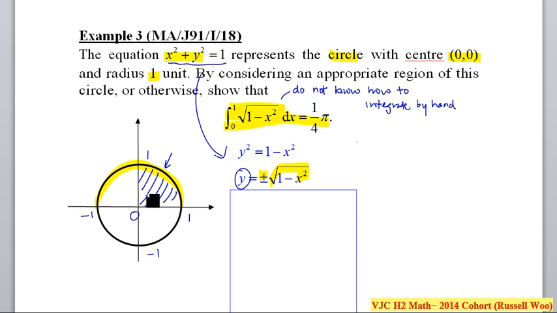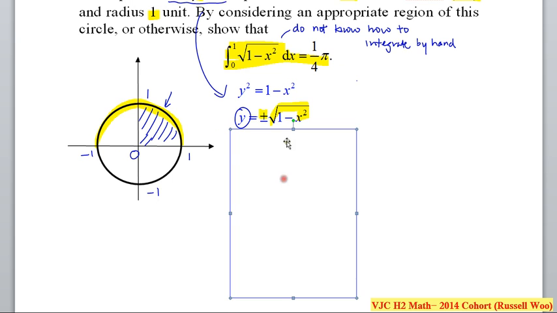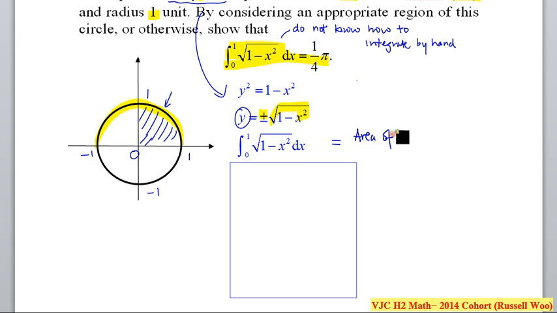Yes? So may we just write down, integrate from 0 to 1, is actually equal to this area over here, which is actually area of circle divided by 4.